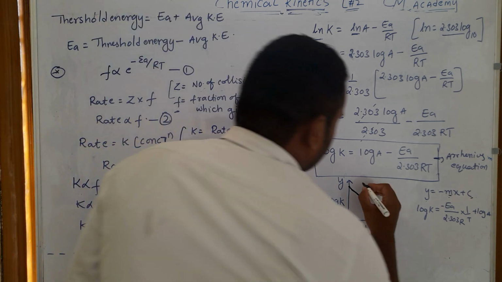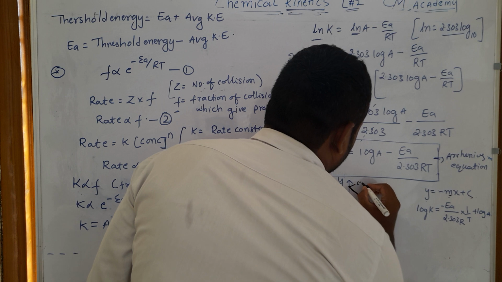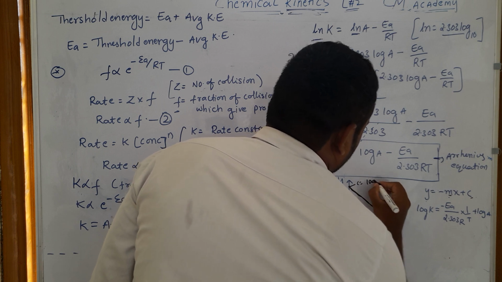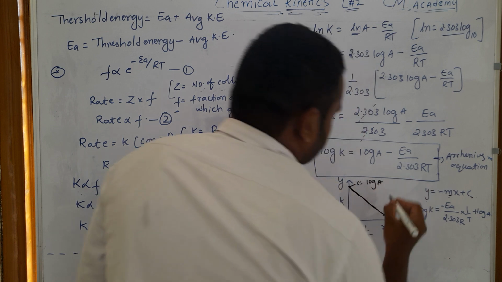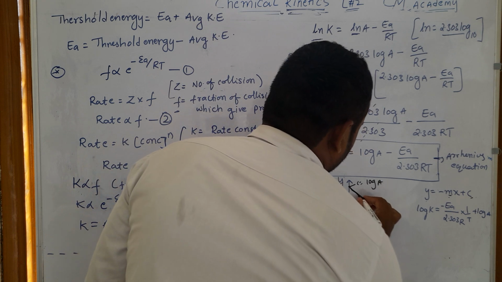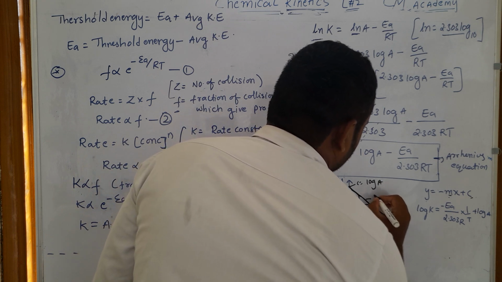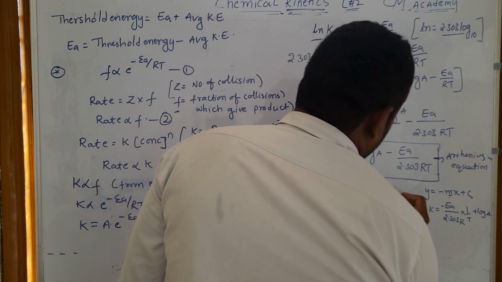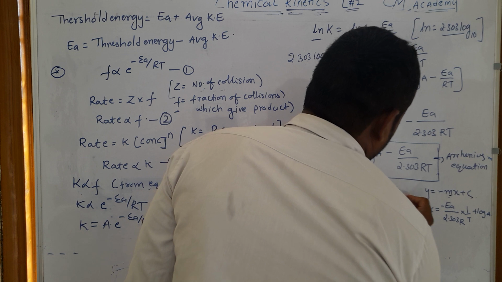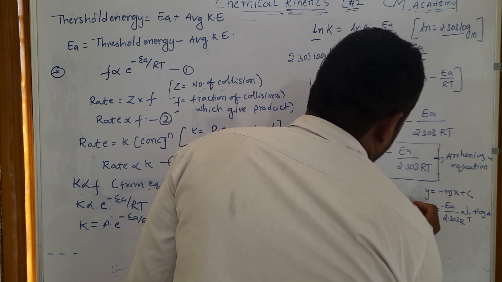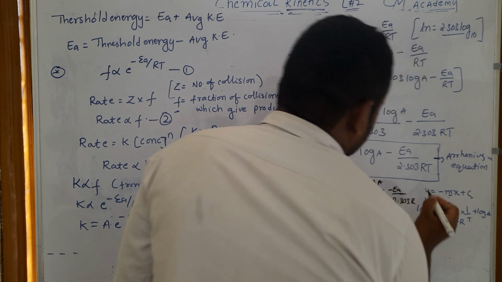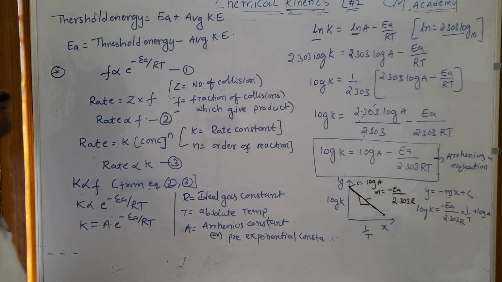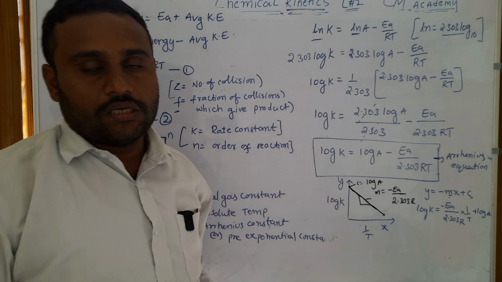So what is c here? log A is the intercept, and here we get a negative slope, so slope m is equal to minus Ea by 2.303 R. So this is the graphical representation of the Arrhenius equation.